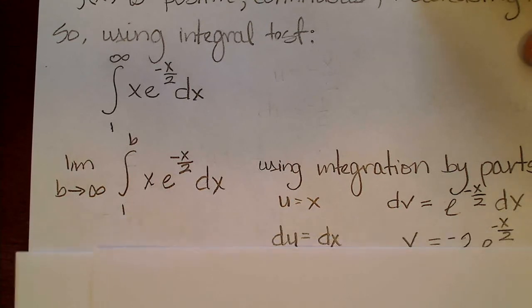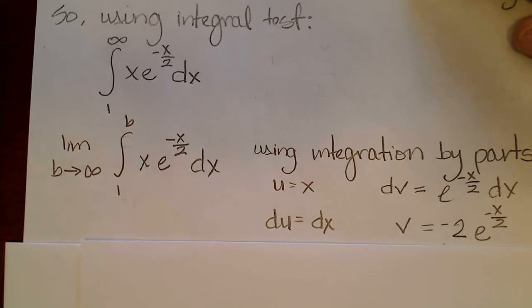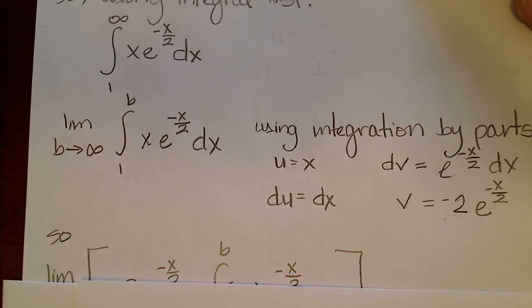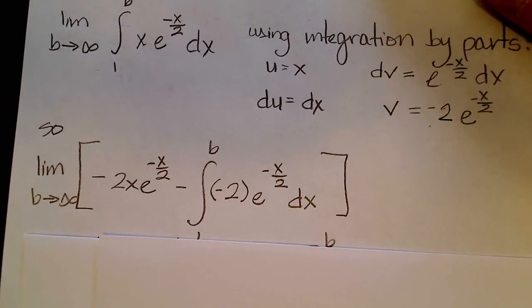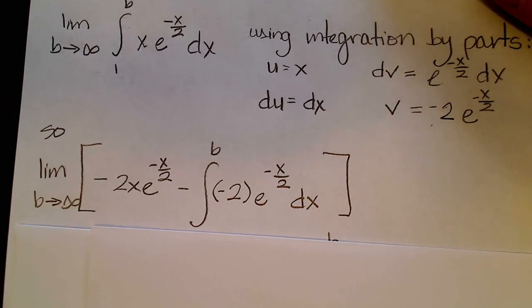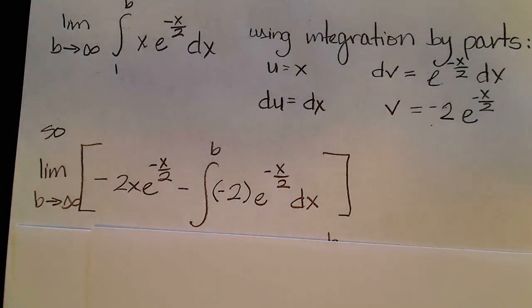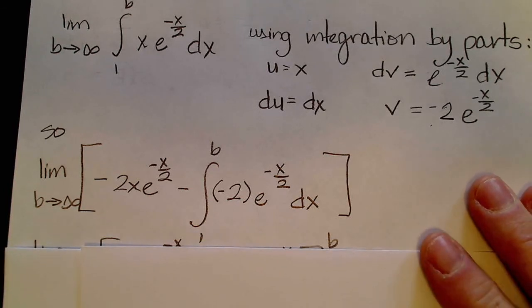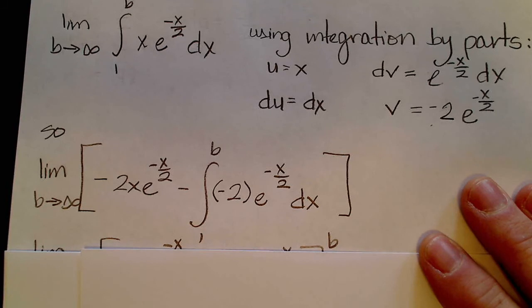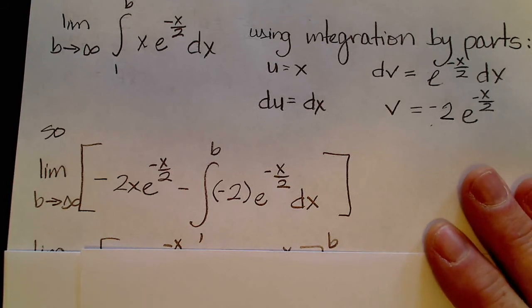So now I have to find du and v, as you see here. And then I go ahead and apply my integration by parts, and here's what I now have. The limit as b goes to infinity of negative 2x e to the negative x over 2 minus the integral from 1 to b of negative 2 e to the negative x over 2 dx.